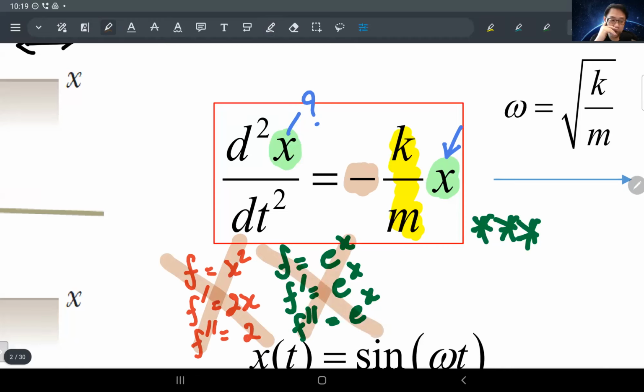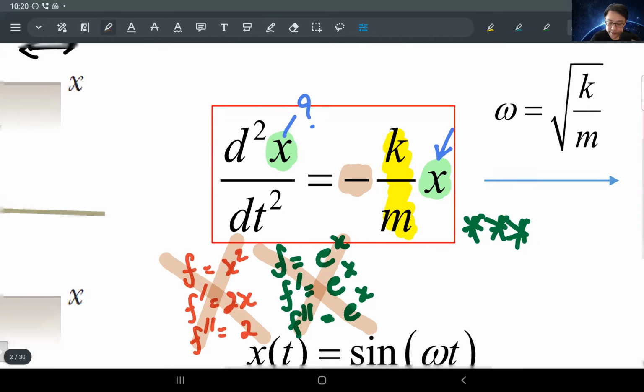Whoa. Can you see that? So here comes still the question. What kind of function, once it gets differentiated twice, gets itself back, but with the negative sign? Yes, very good. That's the whole point.